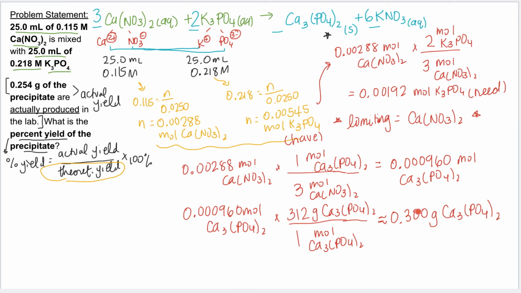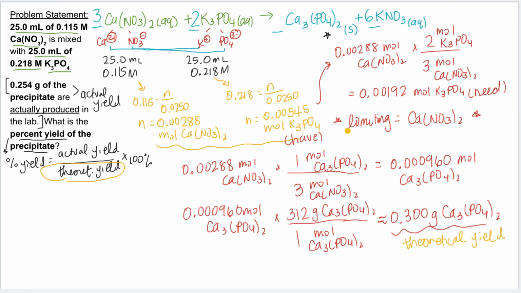So what you just found here, this is your theoretical yield. Because we just found out the maximum amount of grams of calcium phosphate that we could expect to produce from this reaction if all of our starting amount of calcium nitrate reacted completely.